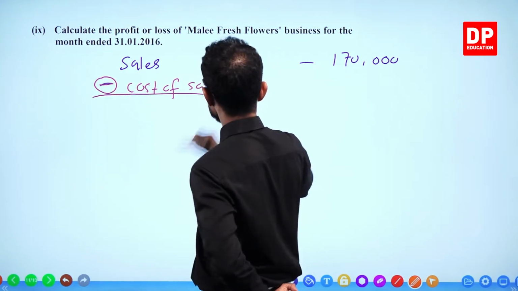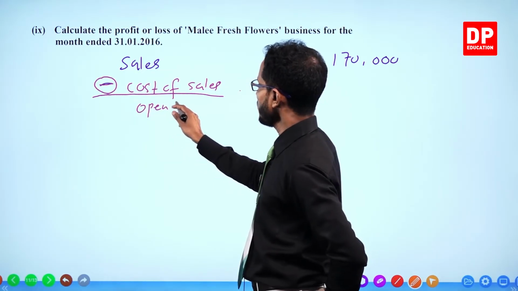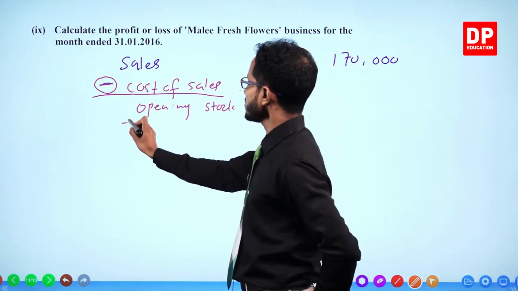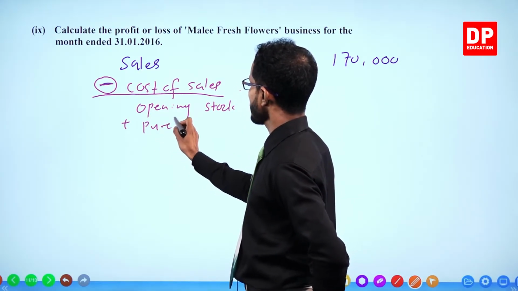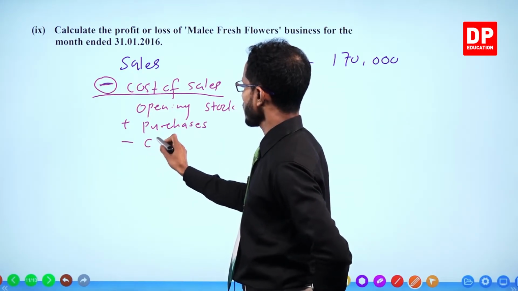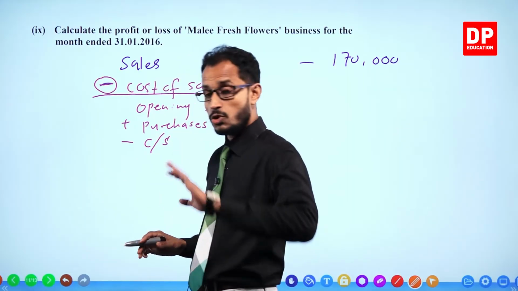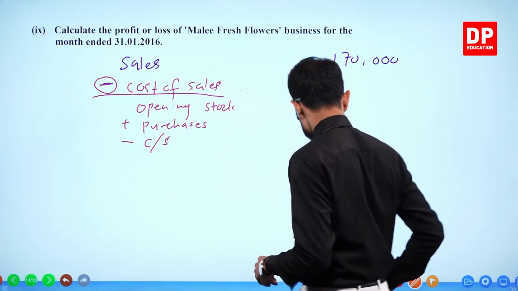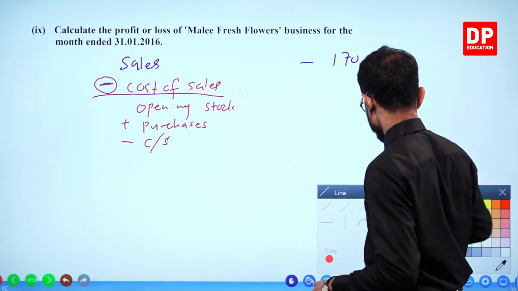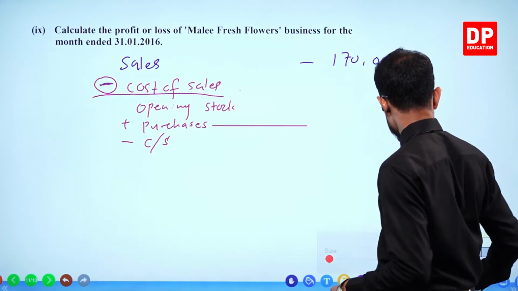Now I don't have to write this, but I'm just doing it for your information. Opening stock plus purchases minus closing stock. Since there is no opening stock, no closing stock, we are just going to minus the purchases. That is 120.